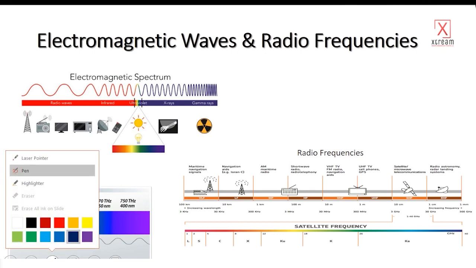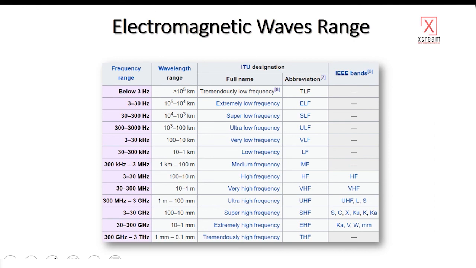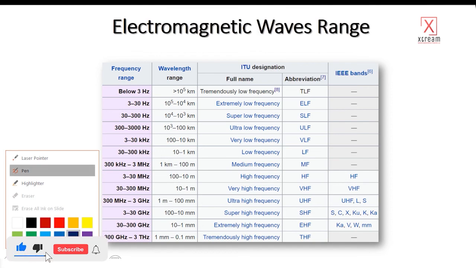Now, moving on to the next slide. Here in the following table you can see the electromagnetic waves range, which goes from below 3 Hz all the way up to 3 terahertz.